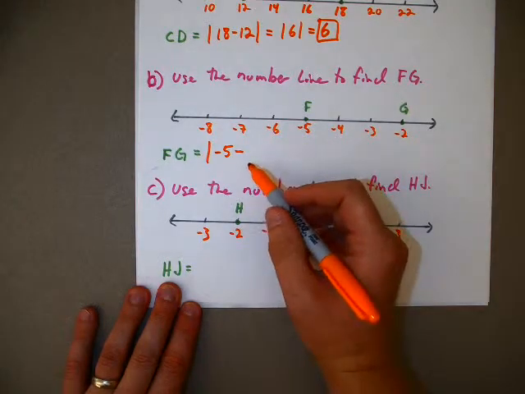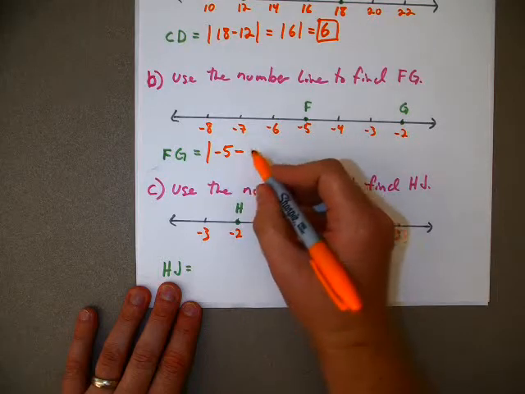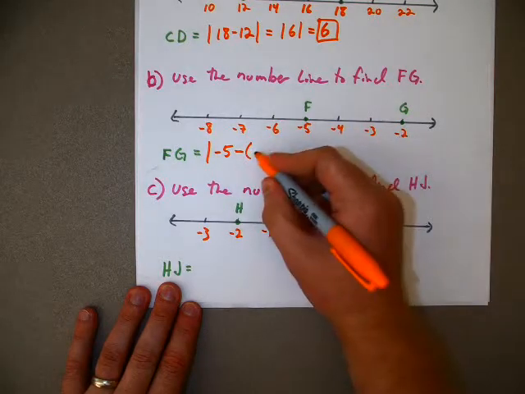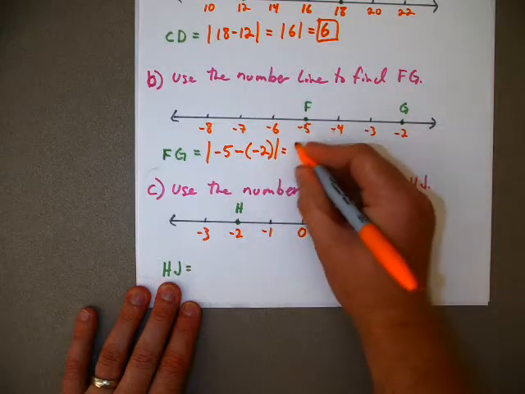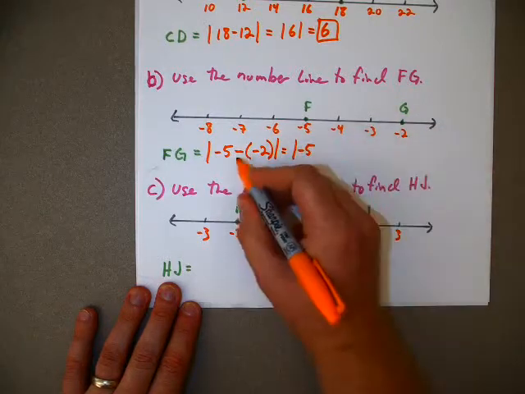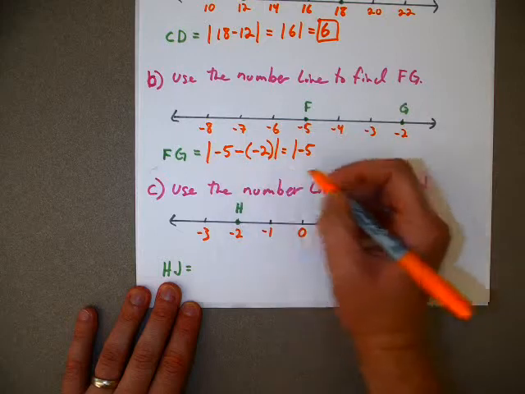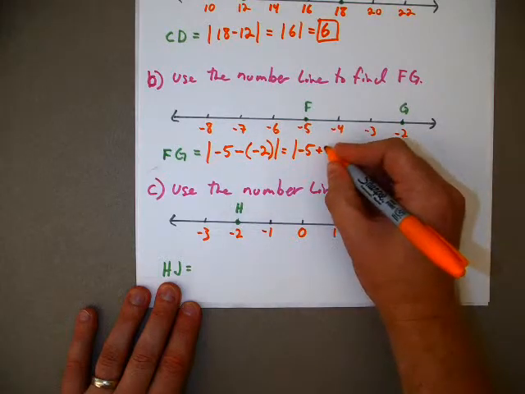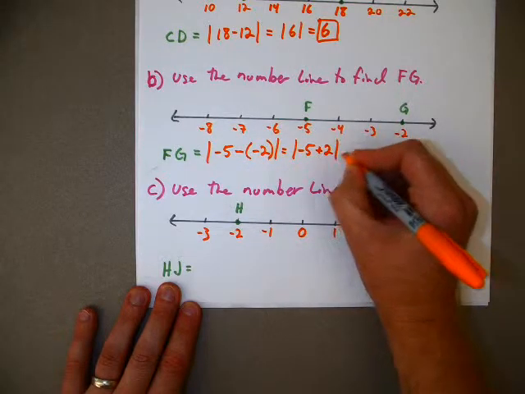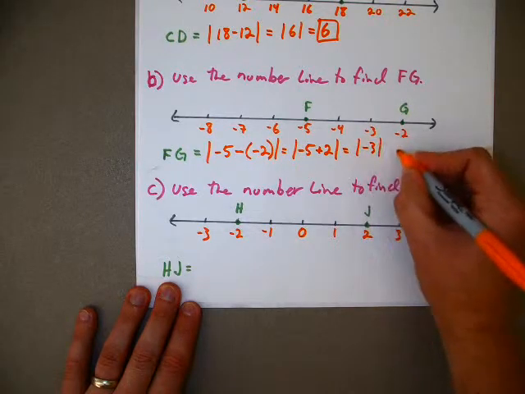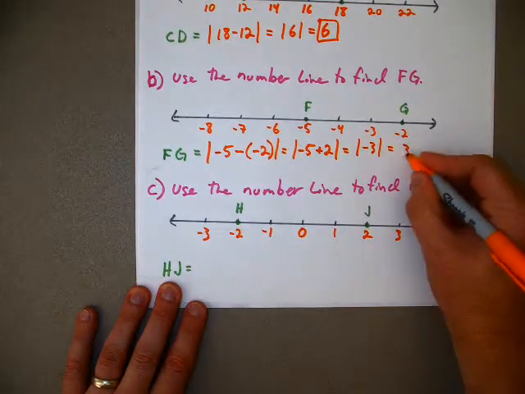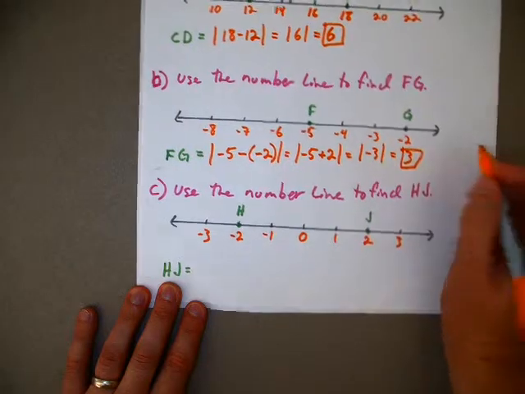I'm still subtracting, but it's a negative 2, so it's minus a negative 2. When you minus a negative 2, you should know that that becomes positive, so I'm going to add 2. So I get the absolute value of negative 3, and the absolute value of negative 3 is just 3.